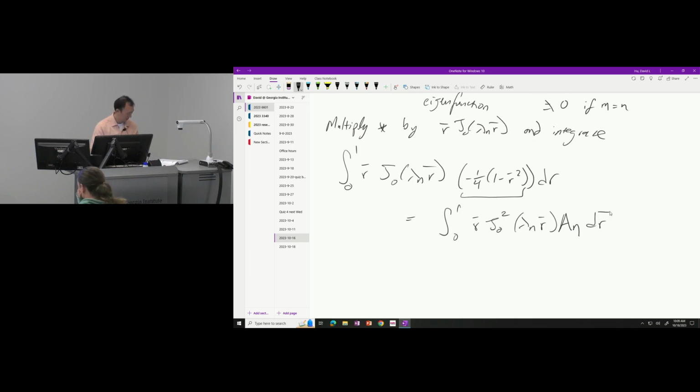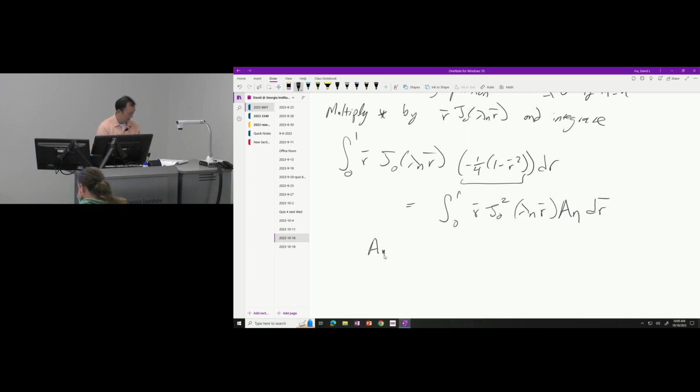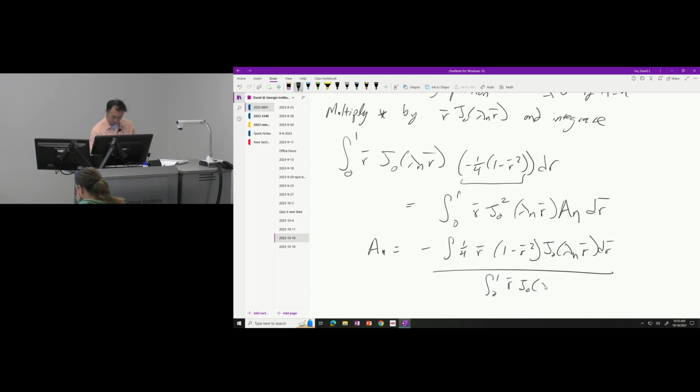All right, so A_n is just going to equal -1/4 times the integral from 0 to 1 of r bar (1 minus r bar squared) J0 of lambda n r bar dr bar, over the integral from 0 to 1 of r bar J0 squared of lambda n r bar dr bar.